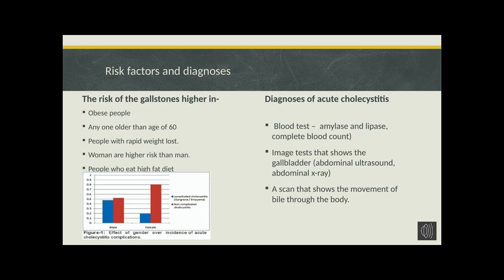For the diagnosis of acute cholecystitis, doctors mostly provide different kinds of blood tests, like amylase or lipase, complete blood counts, and then image tests to show the gallbladder: abdominal ultrasound, abdominal X-ray, and a scan that shows the movement of the bile through the body. Those are some diagnoses of acute cholecystitis disease.